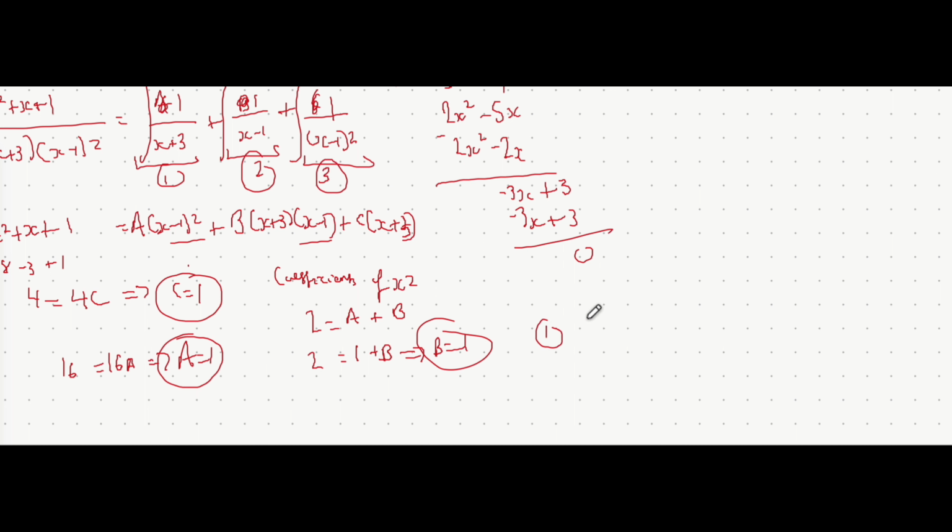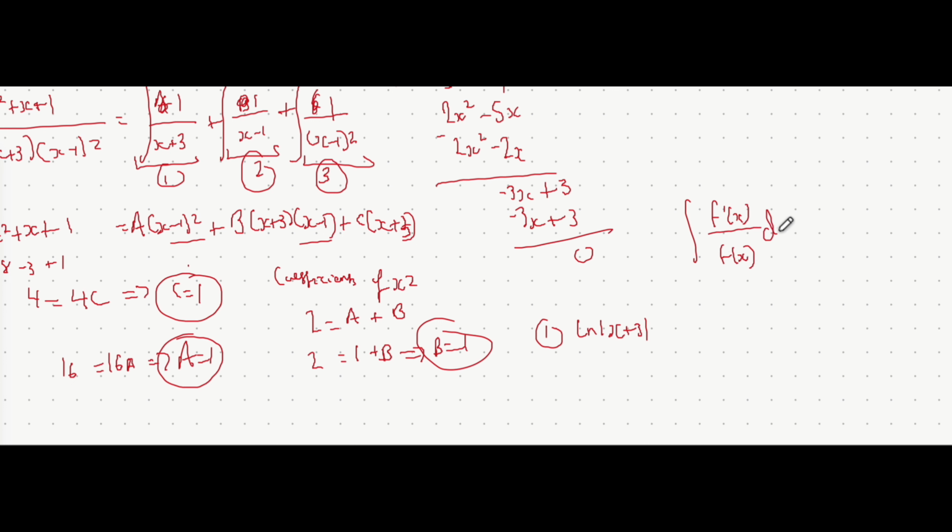So option 1 is the integral of 1 over x plus 3. Now when the denominator differentiates to the numerator, then the integral of that is ln of the denominator. So the official sort of rule for that is, I'm just going to write out here.